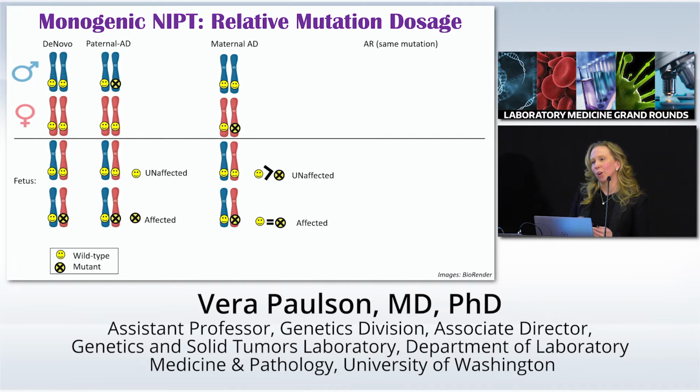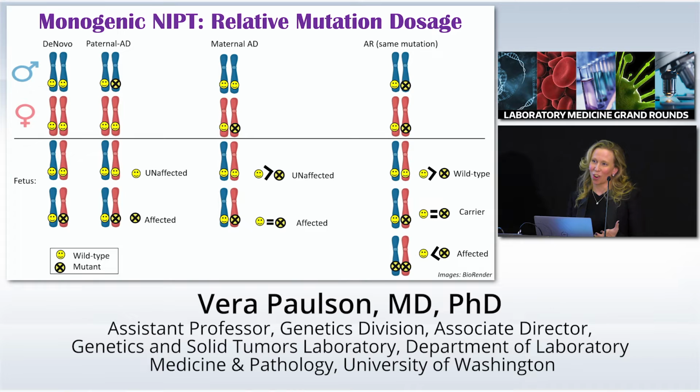When we think about a maternal autosomal dominant, though, then we have a problem because mom's cell-free DNA already contains this mutation. Now you have to actually look at the ratio, the allelic balance or imbalance between wild type and mutant. If it's 50%, if it's roughly the same, the fetus is affected. If there's more wild type than mutant, the fetus is unaffected.